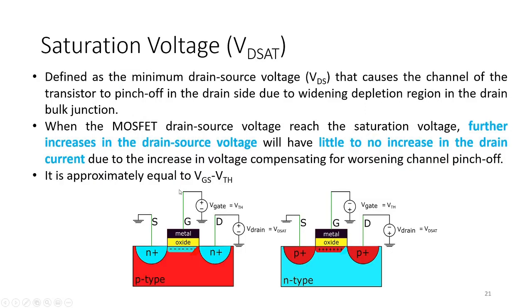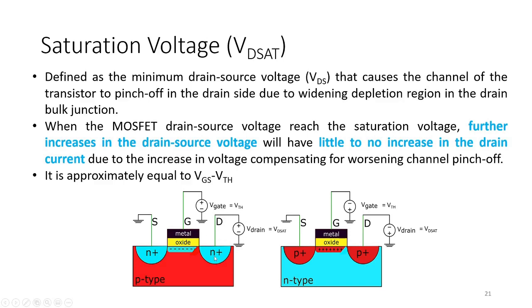Because we know that will happen, we can now define a certain voltage to be the saturation voltage. The saturation voltage, let's say VDSAT, is defined as the minimum drain source voltage that causes the channel of the transistor to pinch off on the drain side due to the widening depletion region of the drain bulk junction. So if the MOSFET reaches the saturation voltage, it means you bias the VDS of the NMOS or the PMOS to VDSAT, and then further increase the drain source voltage.